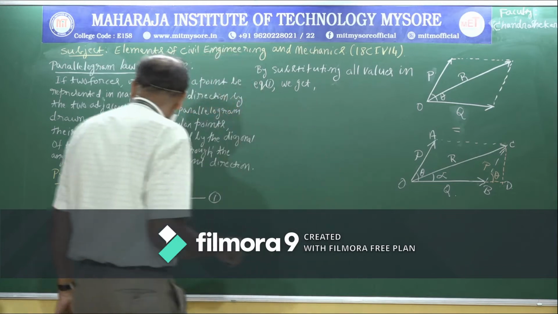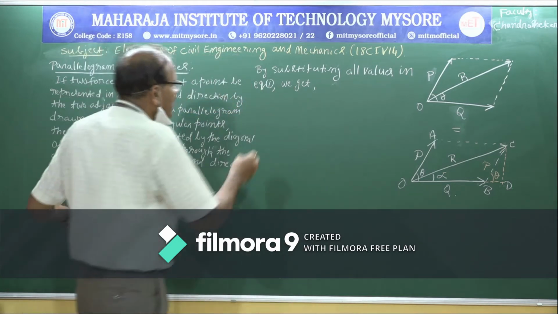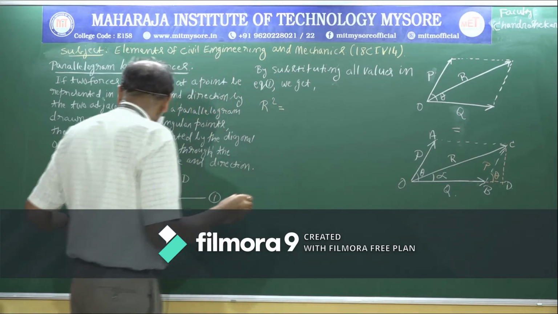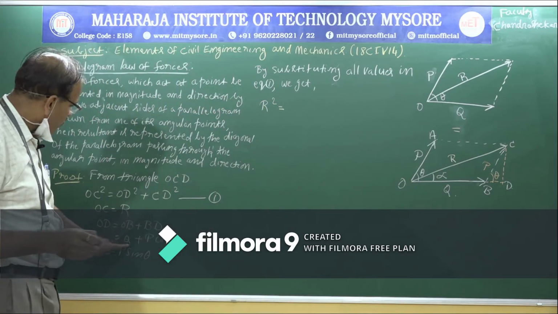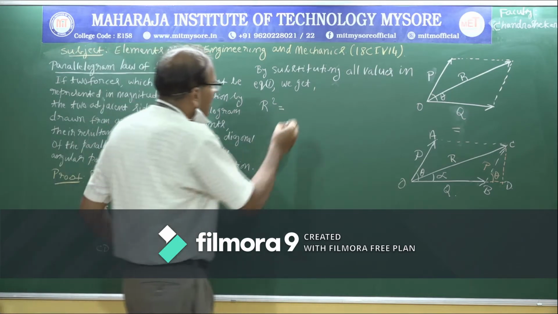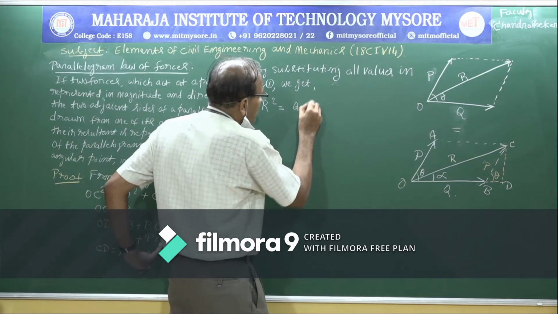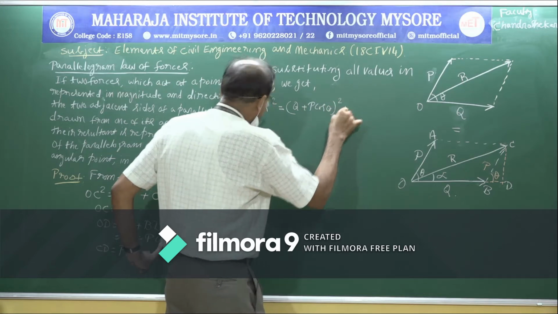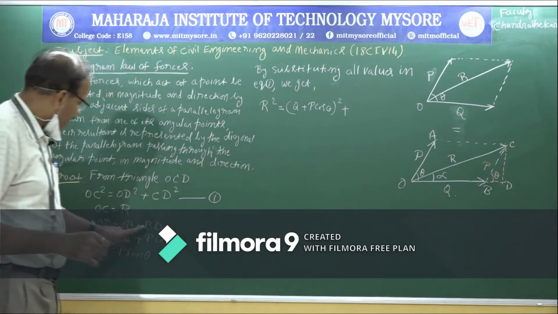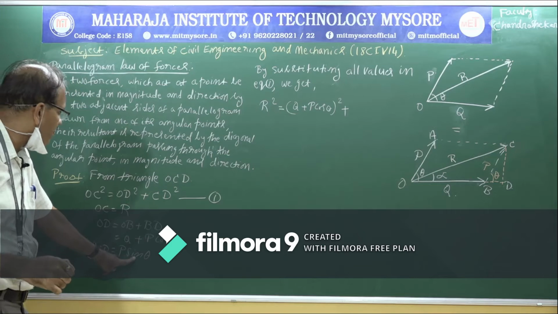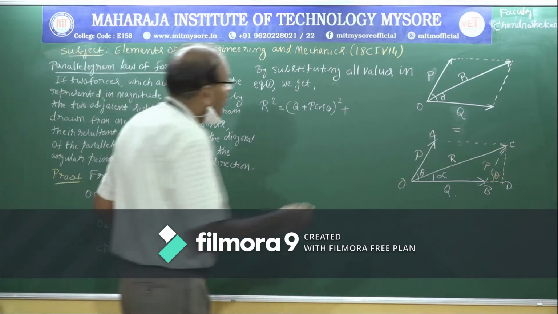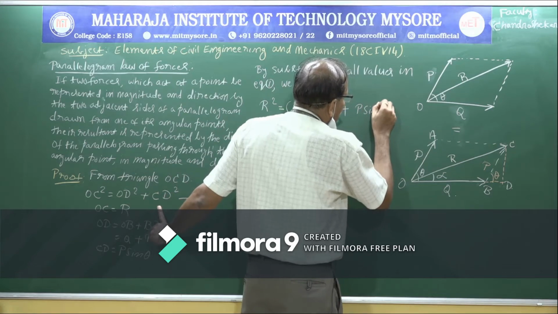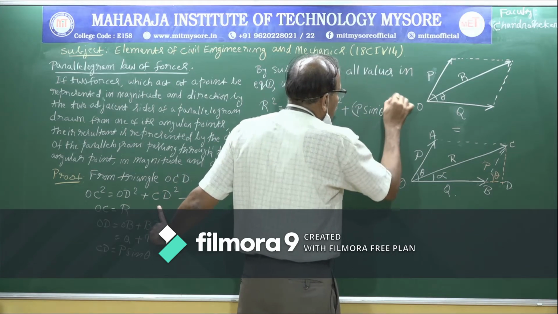we get, for OC it is R, so OC square equal to R square equal to OD is Q plus P cos theta, Q plus P cos theta whole square, plus CD equal to P sin theta, so CD square equal to P sin theta whole square.